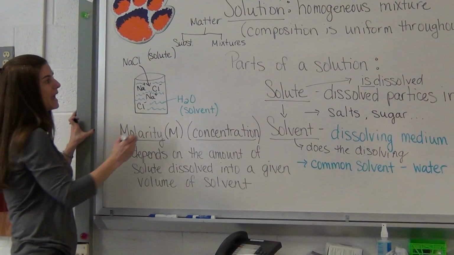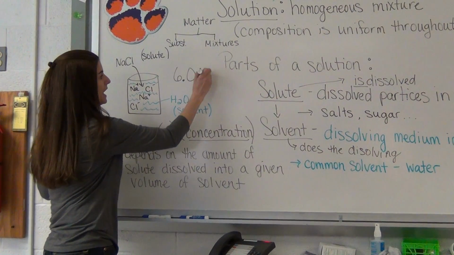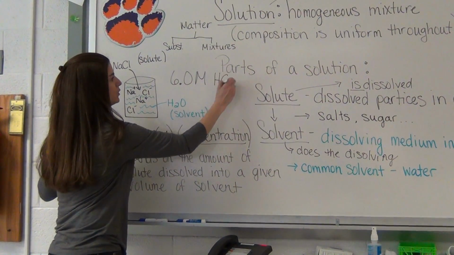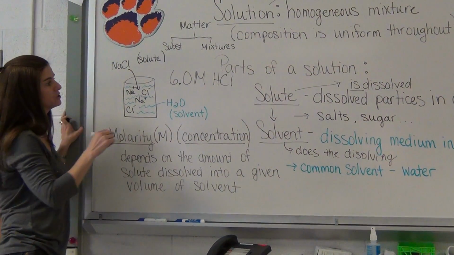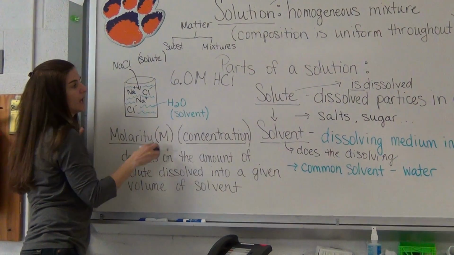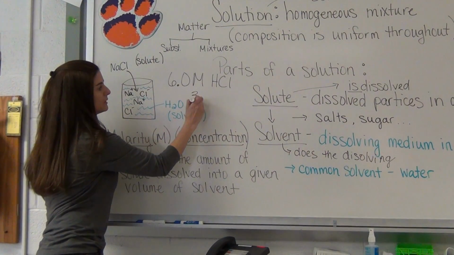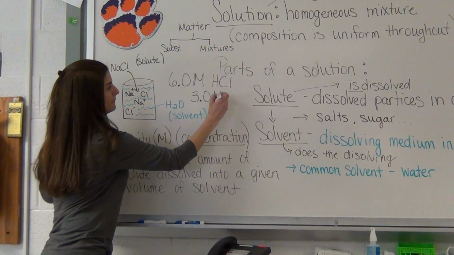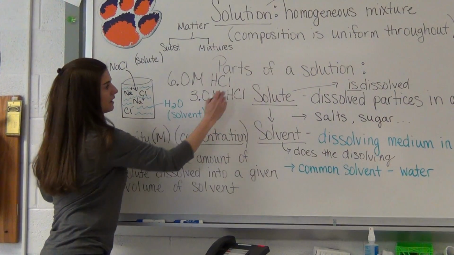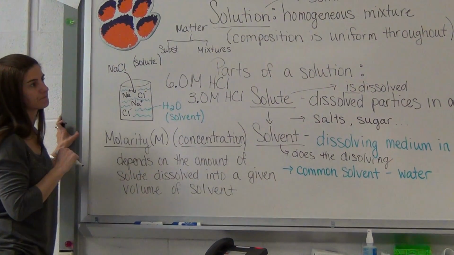And we've seen in the past something like 6.0 M HCl. We used that in a lab last unit. 6 molar HCl. And we'll learn about what this means compared to 3.0 M HCl. These are both concentrations of hydrochloric acid.